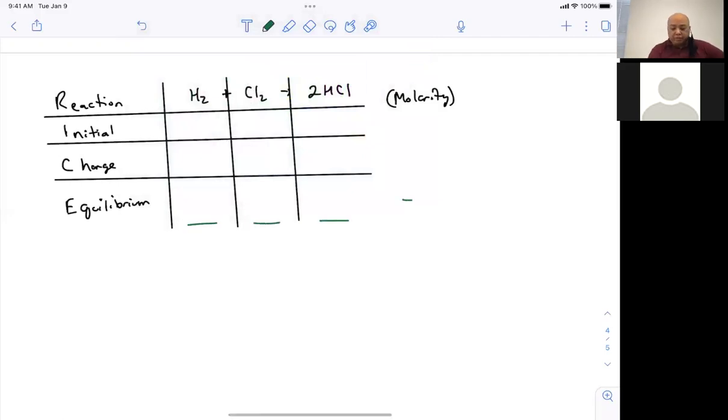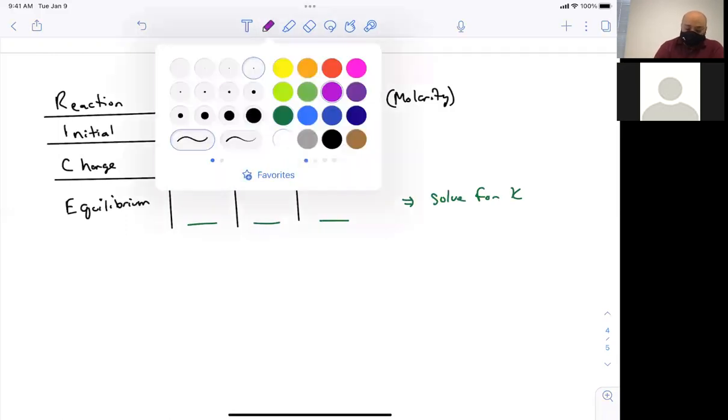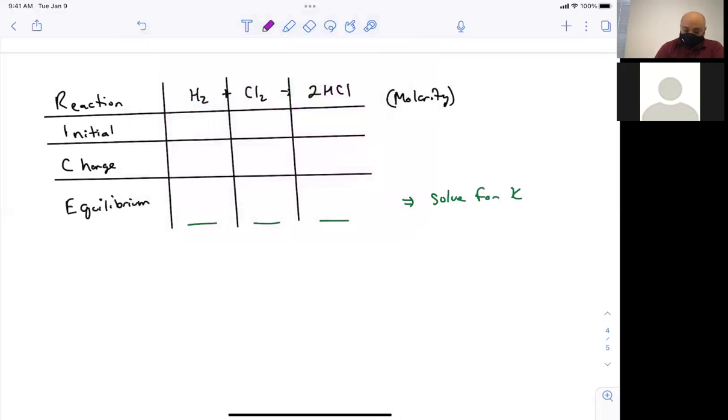Because if you have all the equilibrium values, you can solve directly for K. So knowing all the equilibrium values allows you to solve for K directly. So that's the most basic way to calculate.